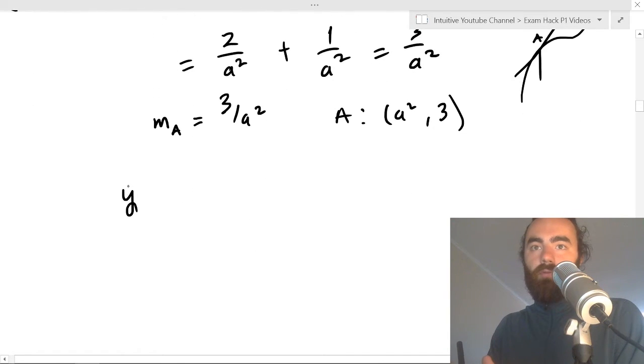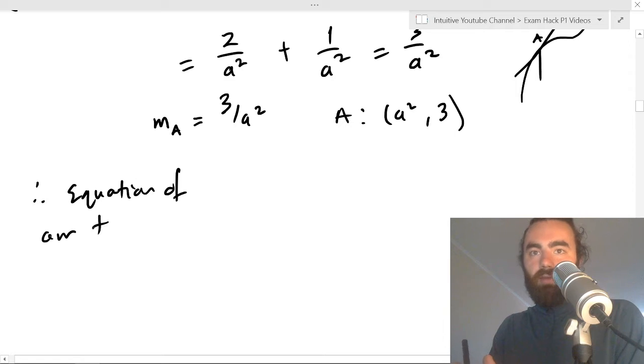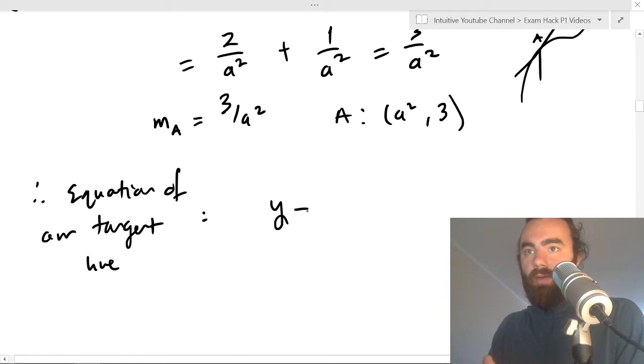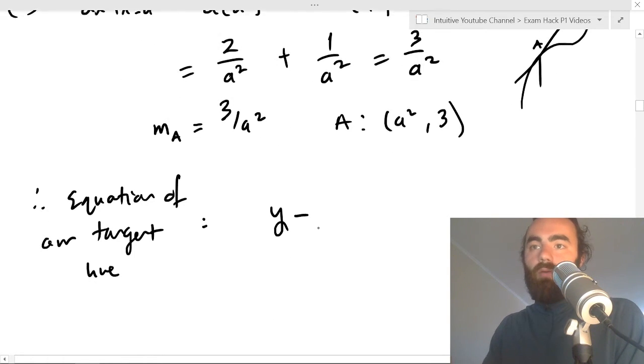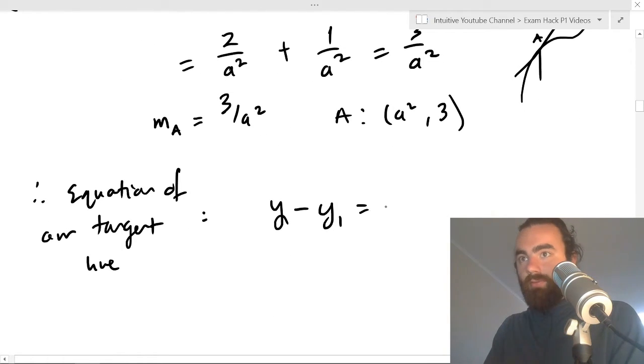So the equation of our tangent line is from y minus y1 equals m(x minus x1).